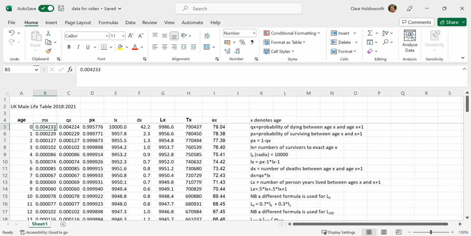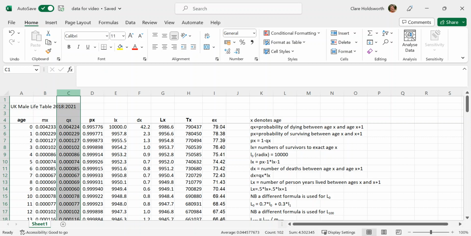M0 is simply the age-specific death rate between age 0 and age 1. In other words, that's the infant mortality rate. The second rate here is the age-specific death rate between age 1 and age 2. So these data here are the age-specific death rates calculated for single years of age by the Office of National Statistics from data registration in the UK.